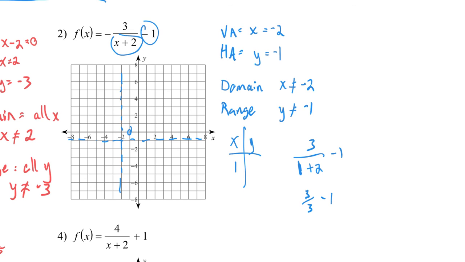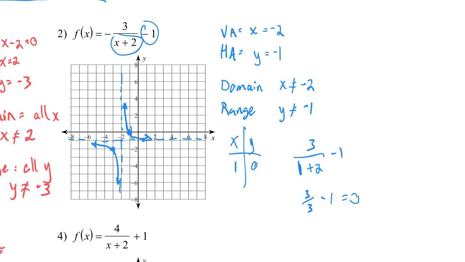So this is 1 minus 1, so 0. So I can put that dot right where I had that circle, just happened to be. And then that point is going to reflect across here, and then I know that it's going to approach both of the asymptotes in either direction. So that's a quick rough sketch to the graph, and that's good enough.